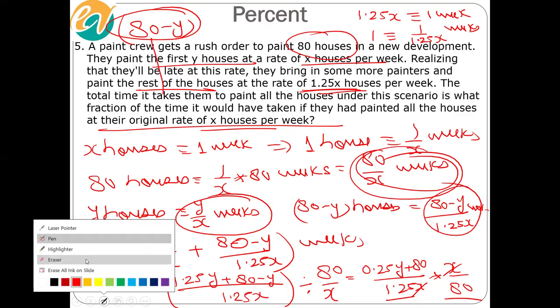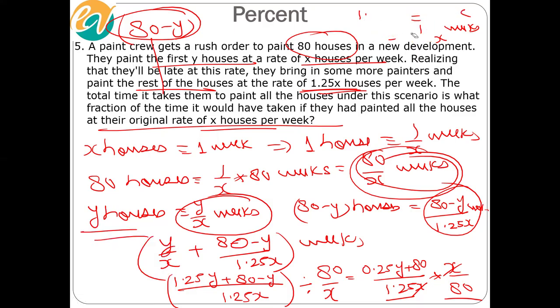So I am continuing my calculations here. So this would be 0.25y plus 80 by 100, which would be 0.0025y plus 0.8. That's the answer. Why 0.8? 80 by 100, that's 0.8. 0.0025y plus 0.8.